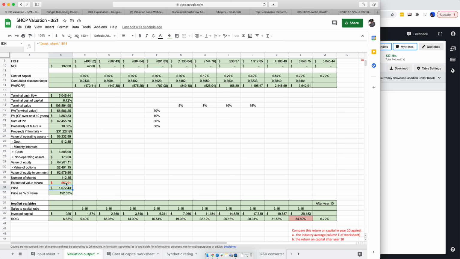You can work backward to figure out what margin this valuation and price is assuming, and what revenue growth this is assuming. And you can see if that actually makes sense, right? If it seems outlandish to you and you don't think it's realistic, then that's probably a sign that, okay, I think this thing is overvalued, I'm going to stay away. Versus if the assumptions are quite low relative to what you think it's going to be, then you could also see that as a case for you to buy in.